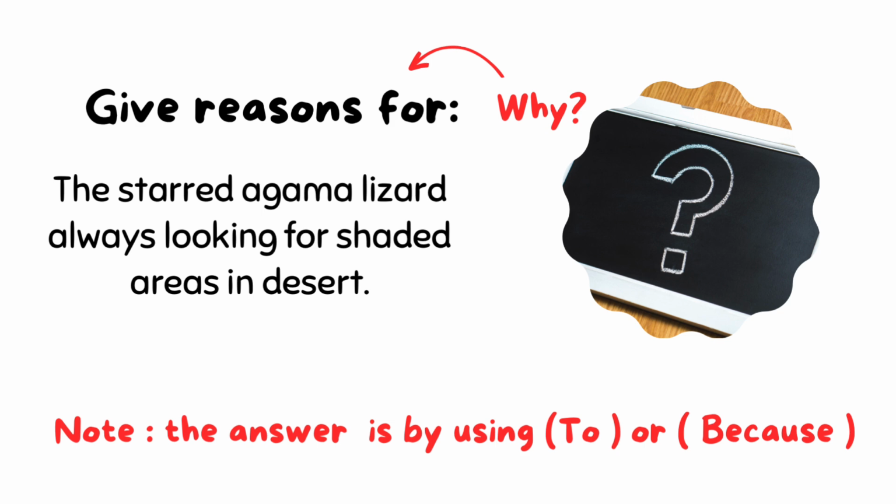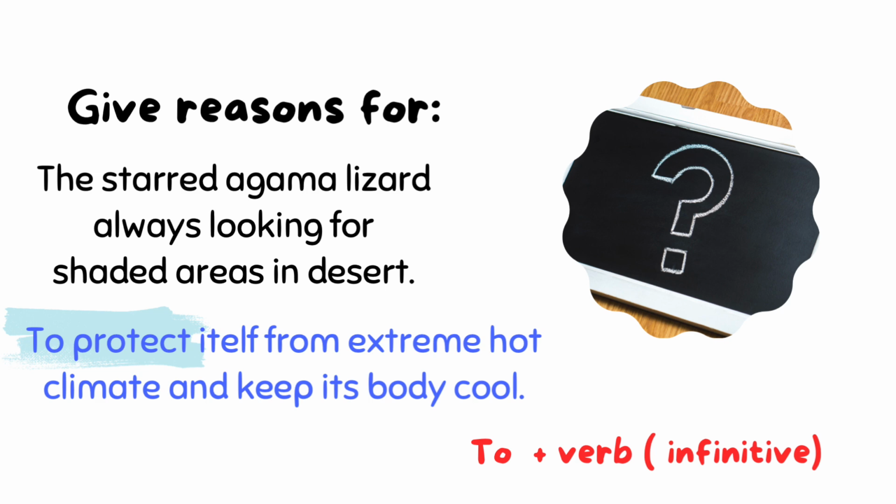So the first one: the Agmal lizard is always looking for shaded areas in the desert. So we will answer this question by using to. So now we will bring the verb in the infinitive: to protect. Protect what? Itself.